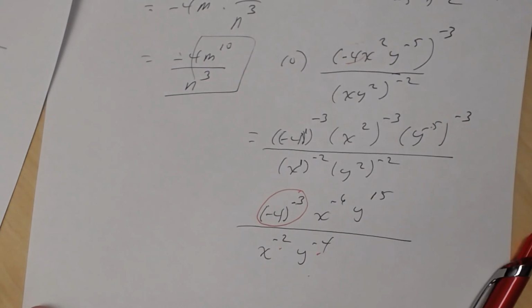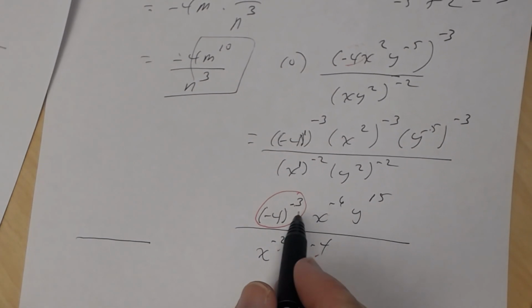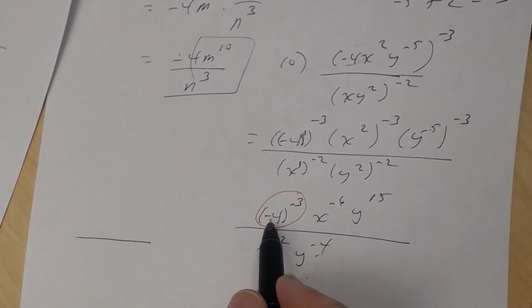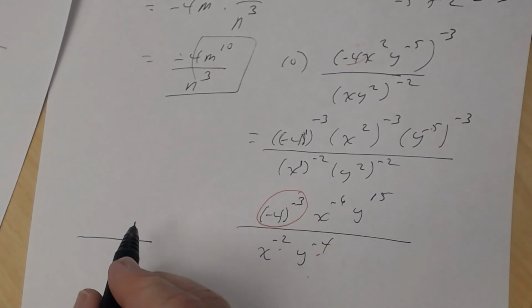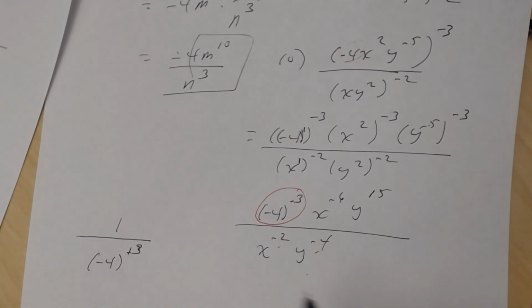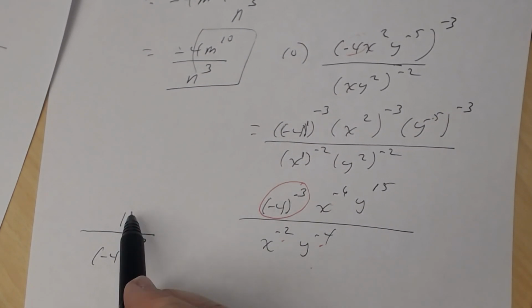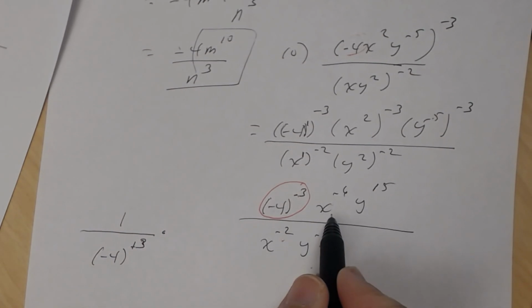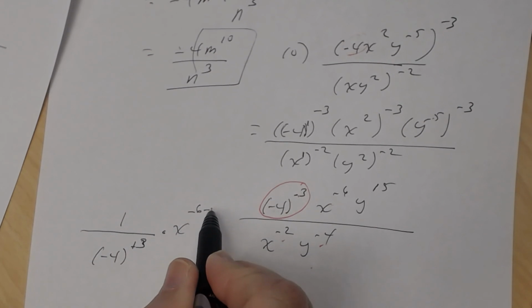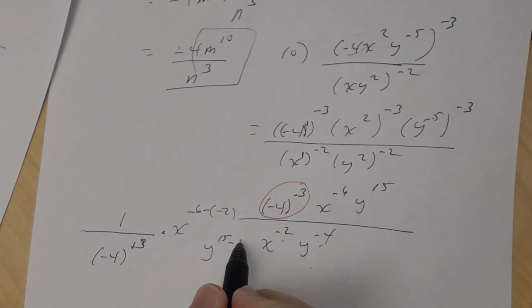So instead of saying negative 4 to the negative 3rd, you're going to say it will be 1 over negative 4 to the positive 3rd. Okay, that's a positive 3. And then the rest of this, you're going to say x to the negative 6, subtract a negative 2. And then I'm running out of room here. And it'll be y to the 15th, subtract a negative 4.